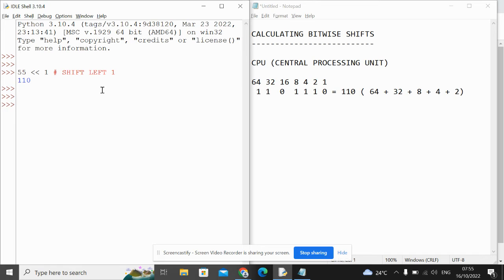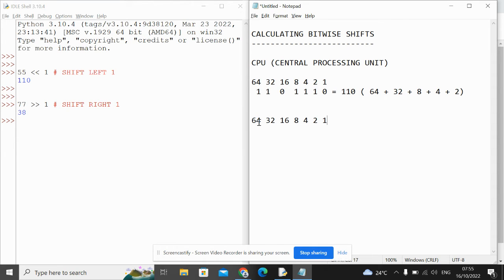Let's try the other way. So this time let's do 77, and we're going to shift it to the right once. Shift right 1. The answer is 38, and the reason for this is, in this case, we've got the binary number 77, which is 64 plus 13. And in this case, we're shifting the bits to the right.